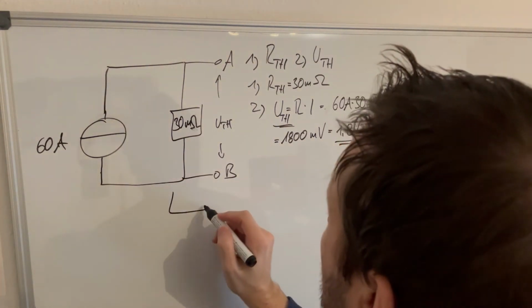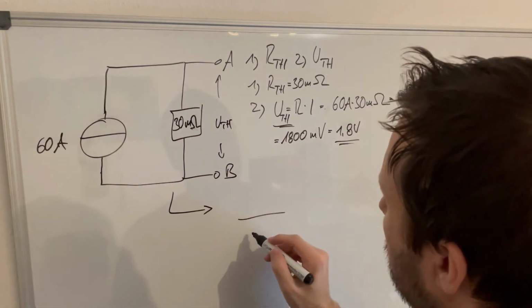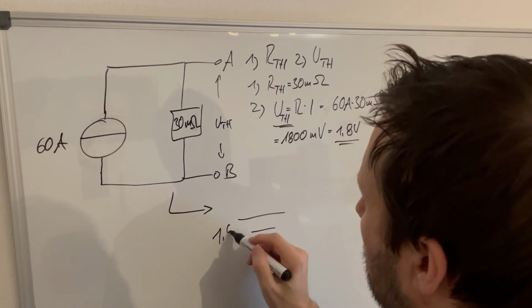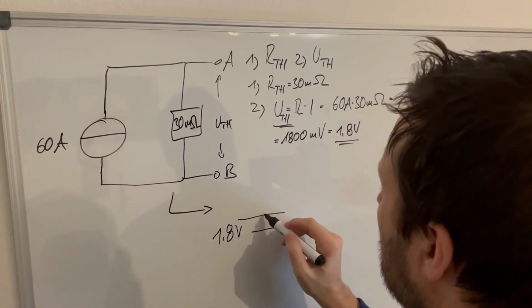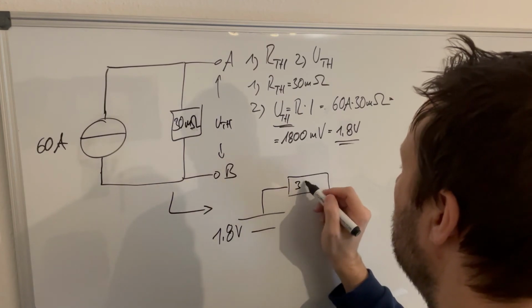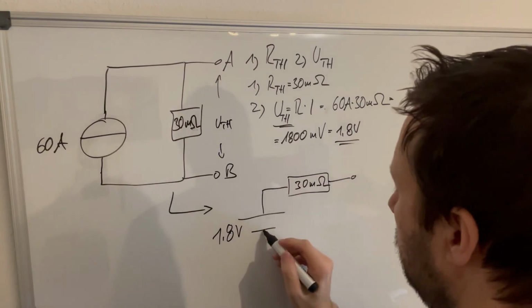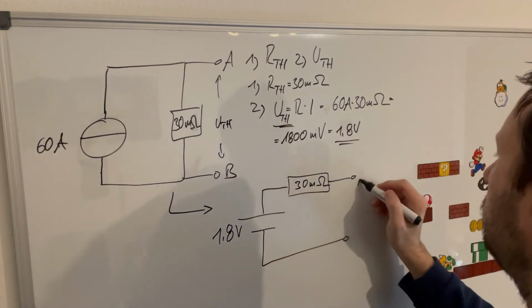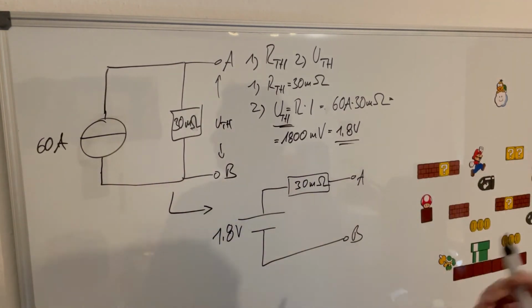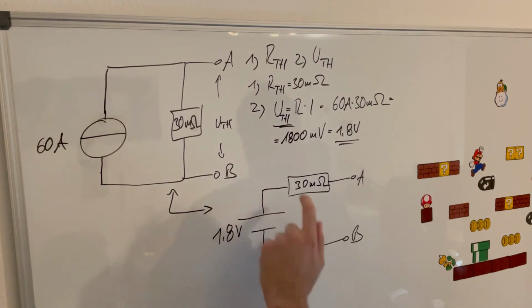converted circuit. This will be a voltage source with 1.8 volt going over a resistor with 30 milliohms, and at our output terminals A and B. And these two circuits, they are equivalent.